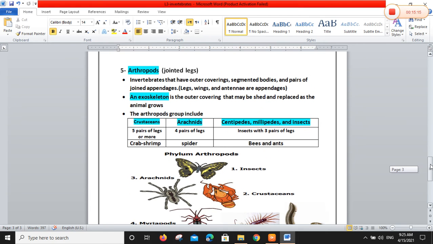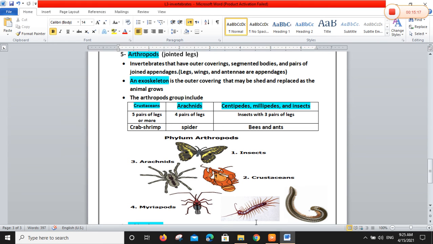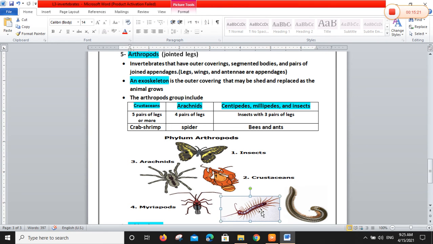Because they have more jointed legs. This type of invertebrate has more jointed legs, so these belong to arthropods, not worms. Worms have no legs, no appendages. Look at centipede and millipede. Okay, with more legs. Examples of insects are bees and ants, and then centipede and millipedes.